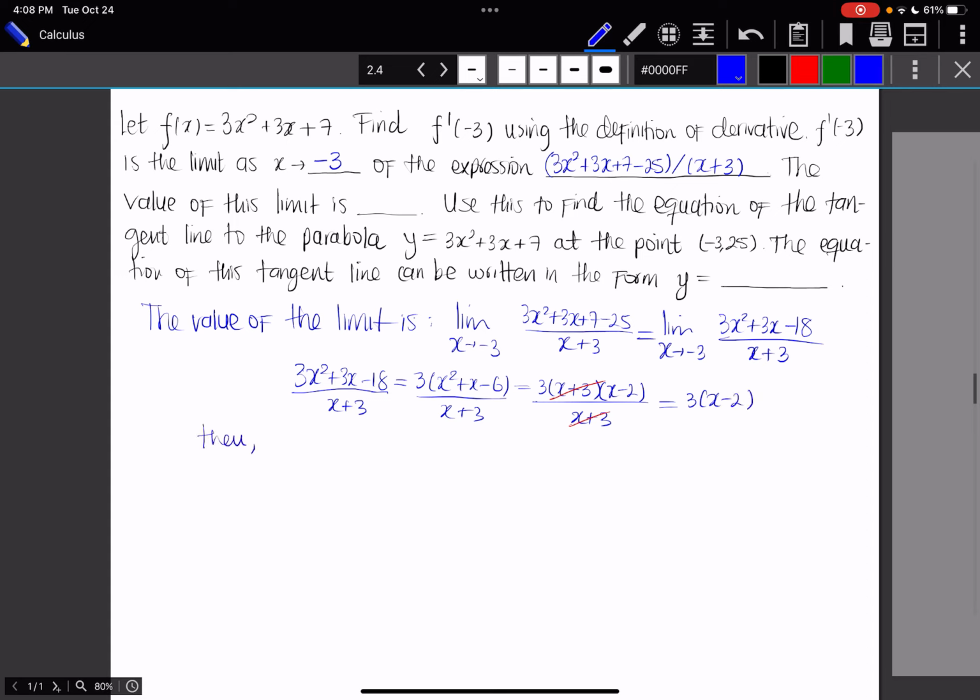Then what we're saying is that the limit of the function at -3 is the limit as x goes to -3 of 3 times x minus 2. And this limit can be found by direct substitution. We can make x equal to -3. And the answer is -15. So the limit is -15.